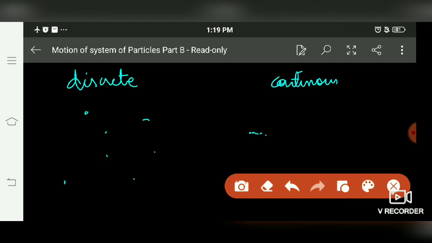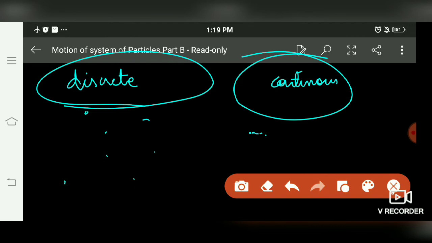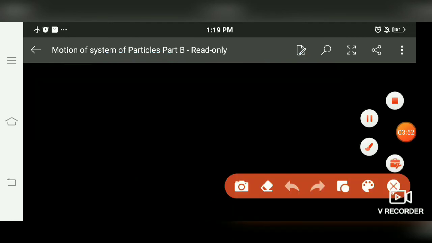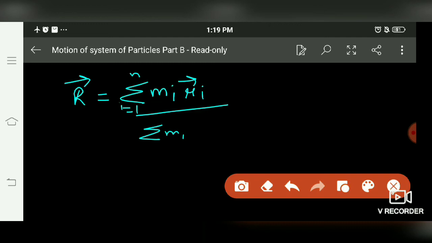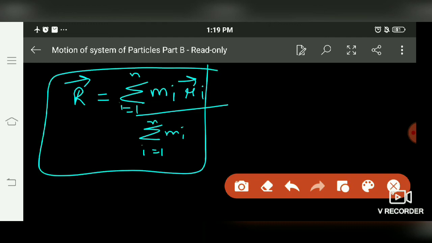It's a continuous system. For the discrete and continuous system, we can write the position vector as follows. For discrete, r vector can be written as summation of mi ri vector, i varying from 1 to n, divided by summation mi, i varying from 1 to n. This is the position vector for the discrete system.